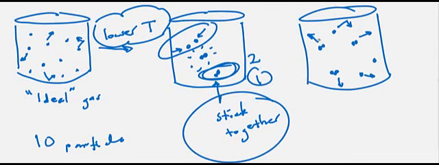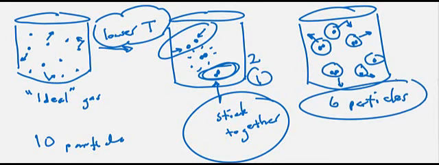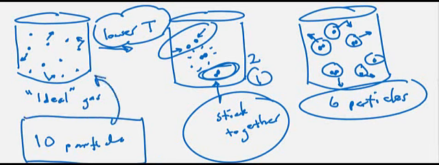As these particles begin to clump together into little groups of 2s and 3s, which is still small enough that it'll appear as if it's a gas to us, in this container we now have 1, 2, 3, 4, 5, 6 particles that the walls of the container are experiencing bouncing off of them, instead of the actual 10 particles that exist when the gas is behaving ideally.